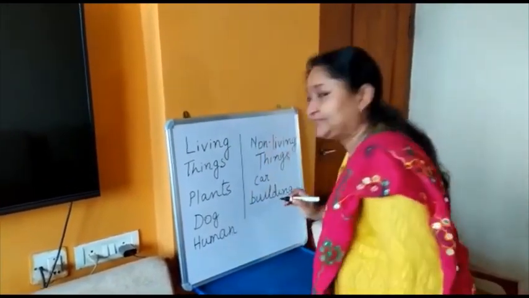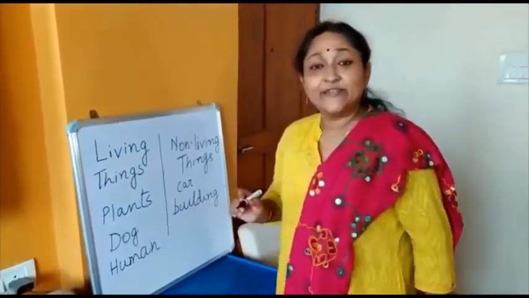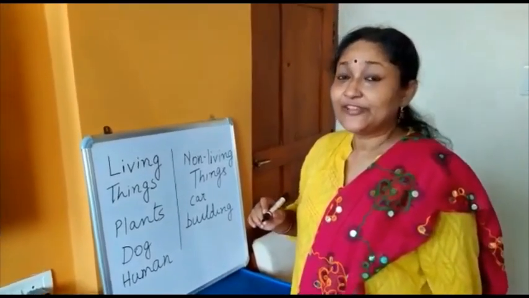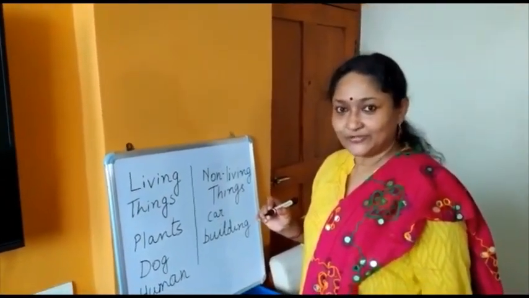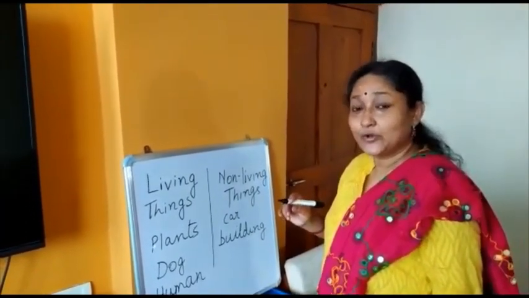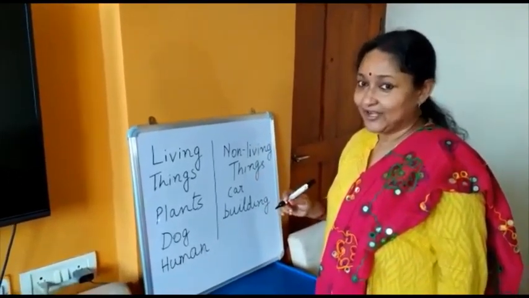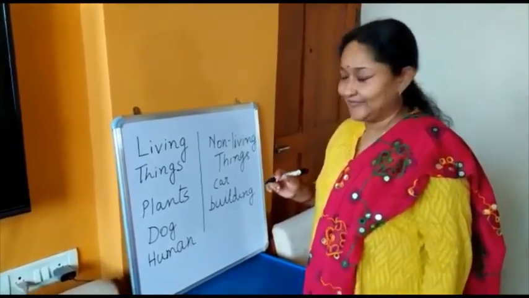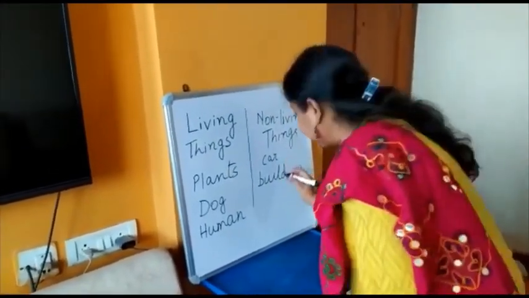H-U-M-A-N. Okay? Now, what else did we see? We saw sand, stones, road. Okay? Sand, stone, road, all these things are non-living things. They cannot move. They don't have life. So here we will write under non-living things column.